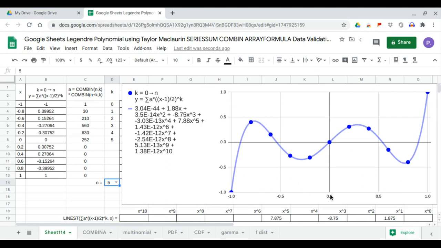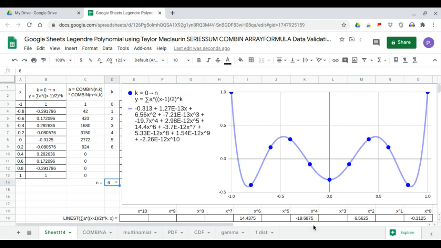Legendre polynomial y equals 1.875x or 1.88x minus 0.875x cubed plus 7.878 x to the fifth. This one.